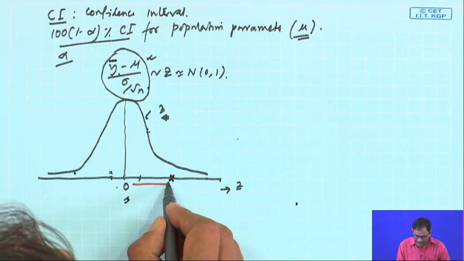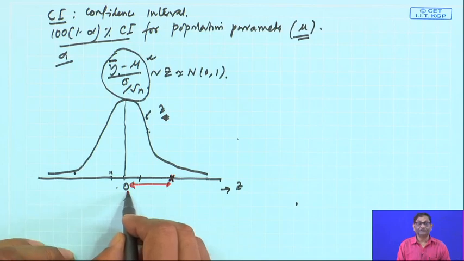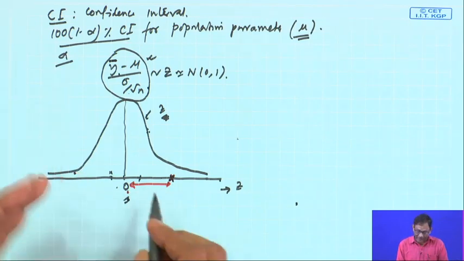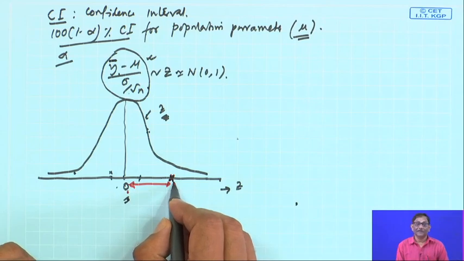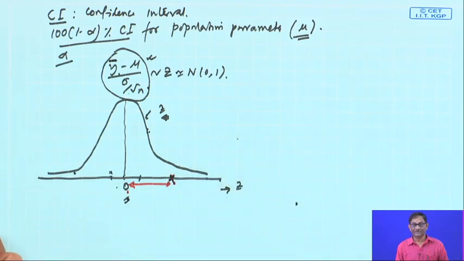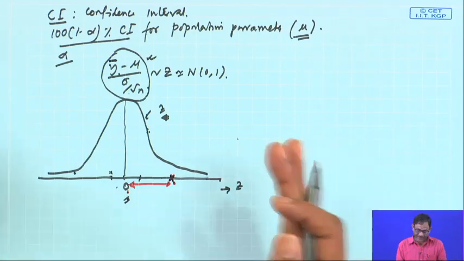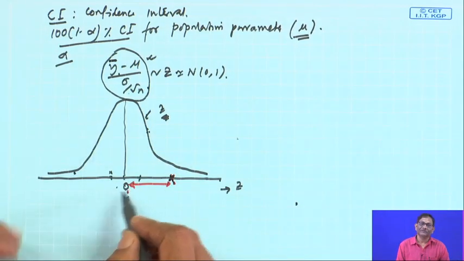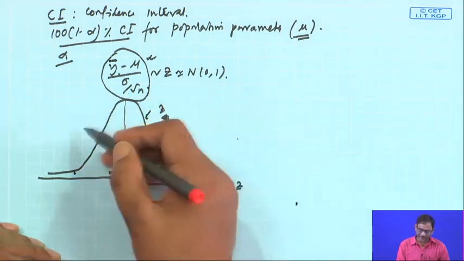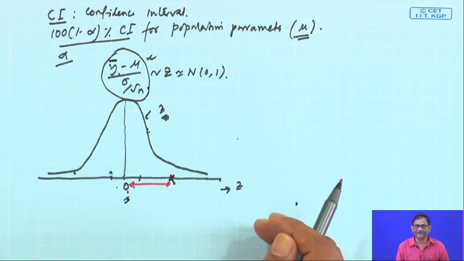Is it equivalent to 0, or, the other way, is the difference between 0 and this sufficiently large, or is it with certain confidence similar to 0? It is just because of randomness that this difference is coming.